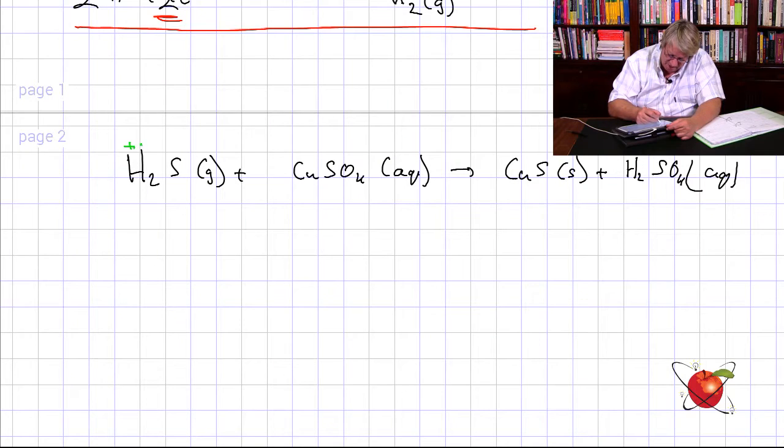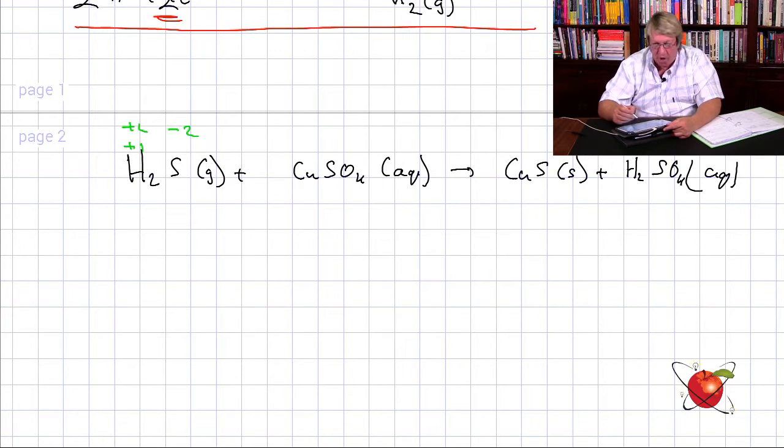H2S, it's a compound. So hydrogen is +1, and that's going to be +2, which means my sulfur is -2 over there. Copper, from the copper sulfate, SO4 is -2, so copper is going to be +2.